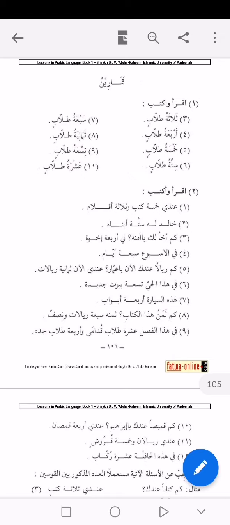In this class there are 10 old students and 4 new students. How many shirts do you have, O Ibrahim? I have 4 shirts. I have 2 riyals and 5 qirsh. In this bus there are 10 passengers.